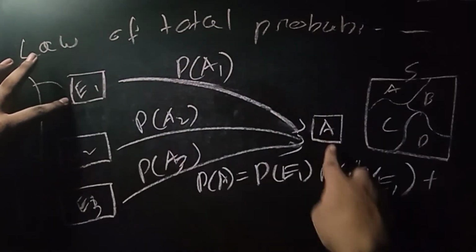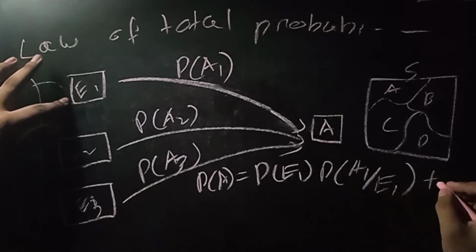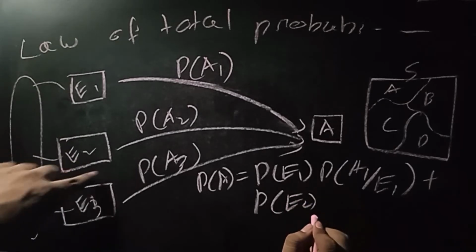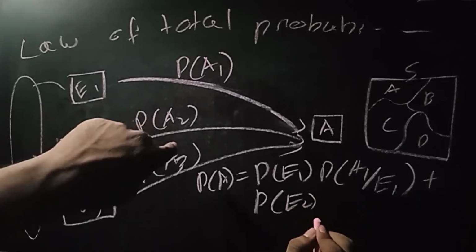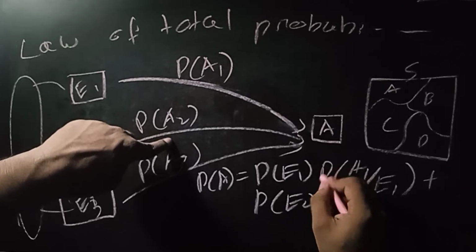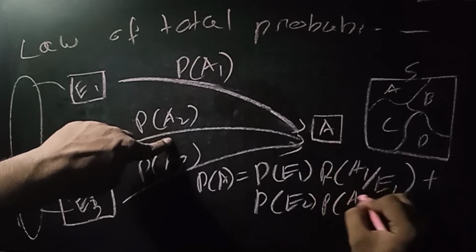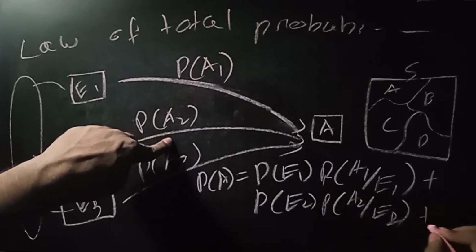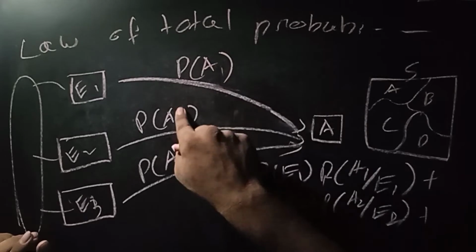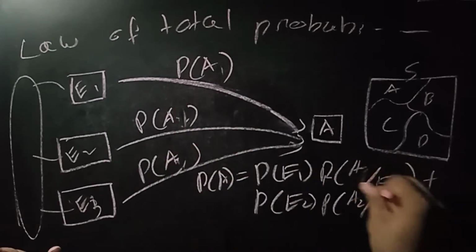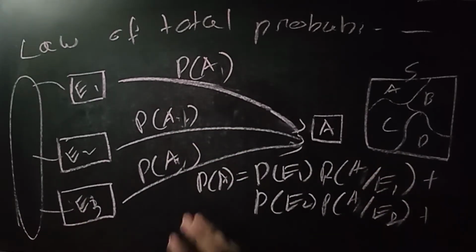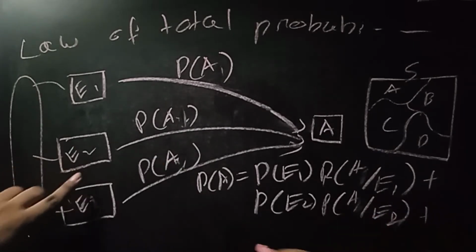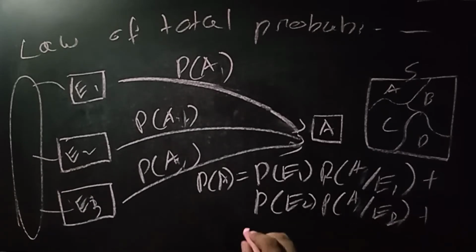They are totally independent paths, so it's plus P of E2, and similarly the probability of A in E2 when E2 is the sample space.